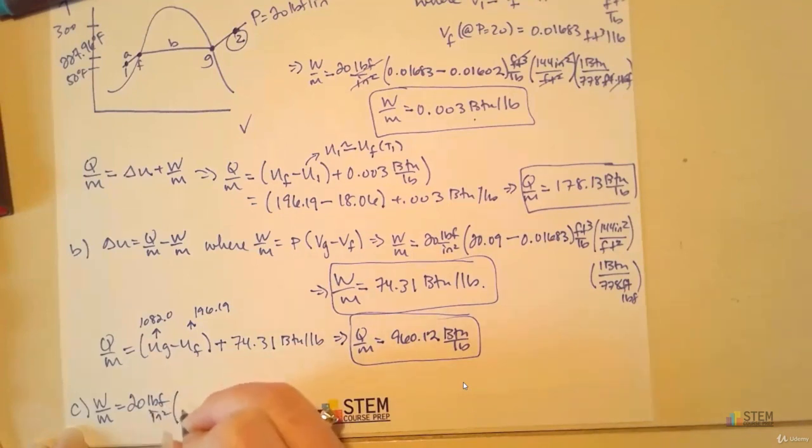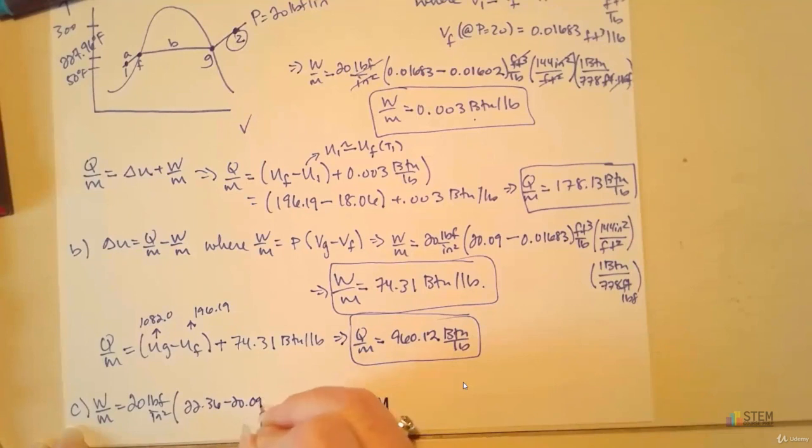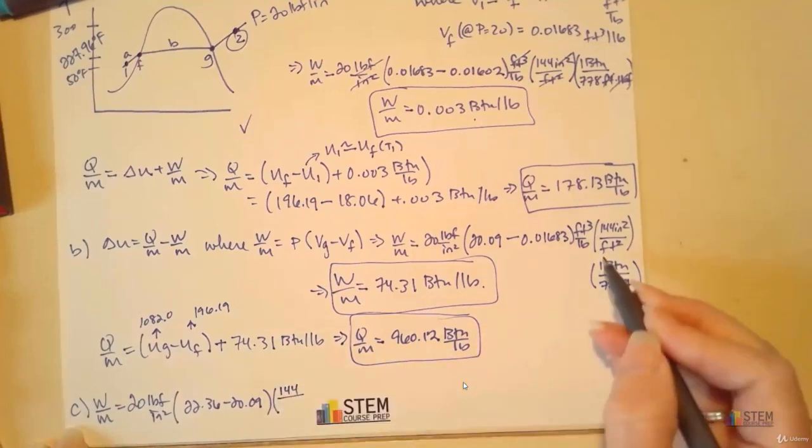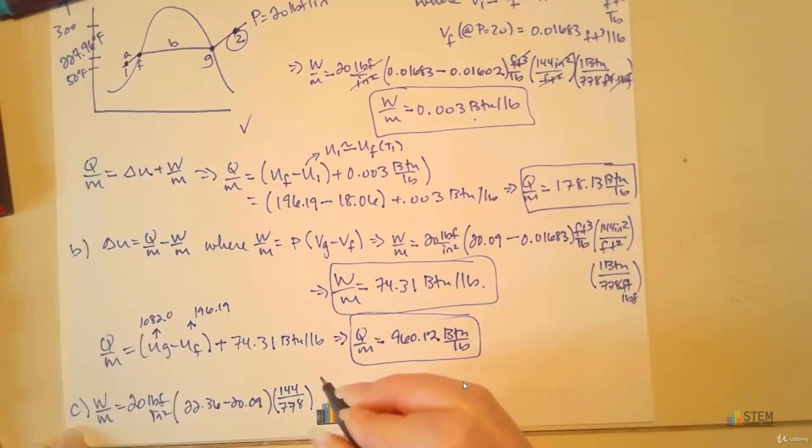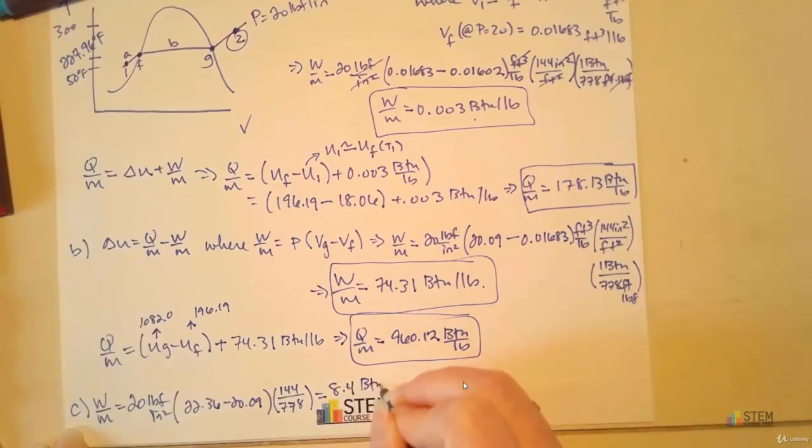And then for your change in v's here, you'd have 22.36 minus 20.09. I'm running out of room here, so I'm going to leave off the units. And then do your conversions just like we did here and here. So you're going to have 144 over 778. And then that's going to give you 8.4 BTU per pound.